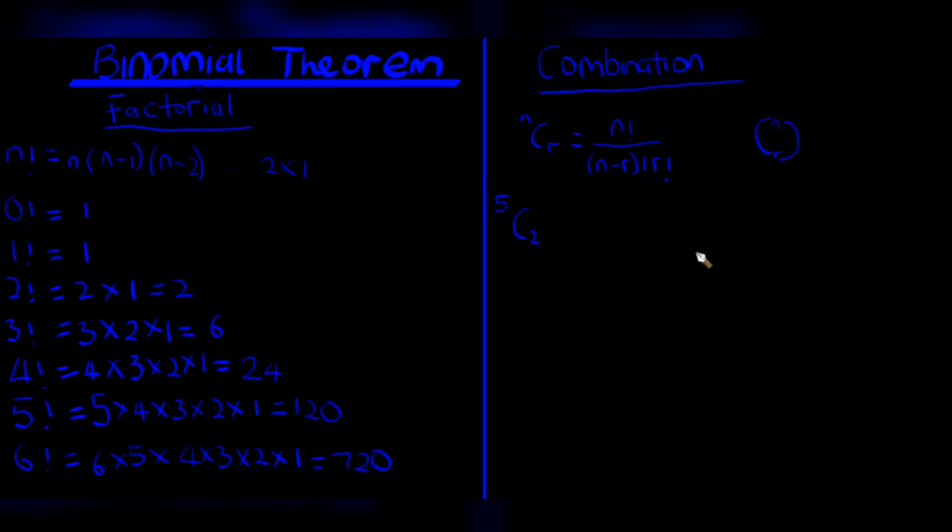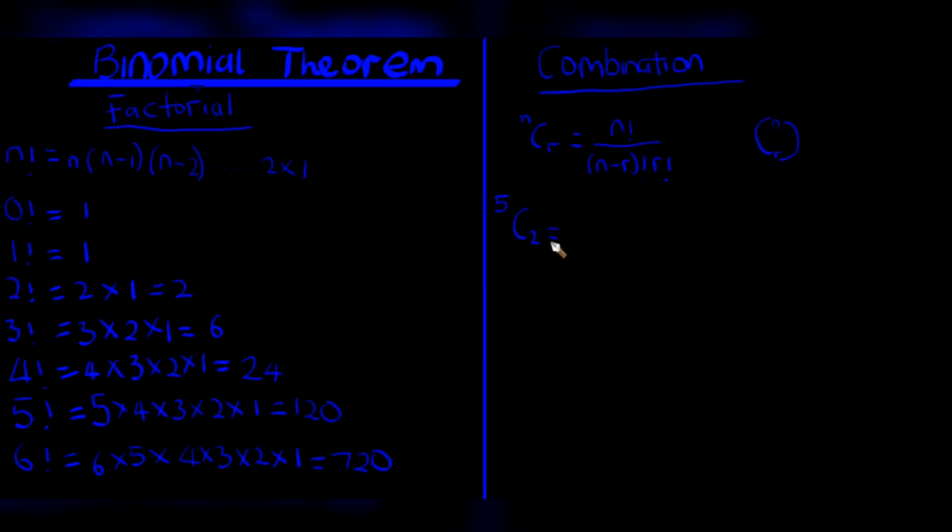You pronounce this as n combination r, and some textbooks will say n choose r. Don't get it confused. n choose r or n combination r, they are still the very same thing, right? So this would be the symbol for the combination.